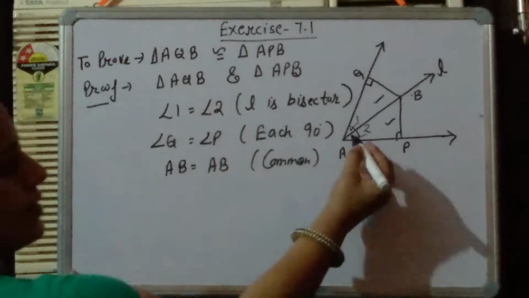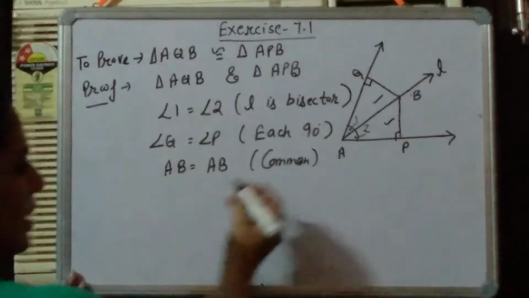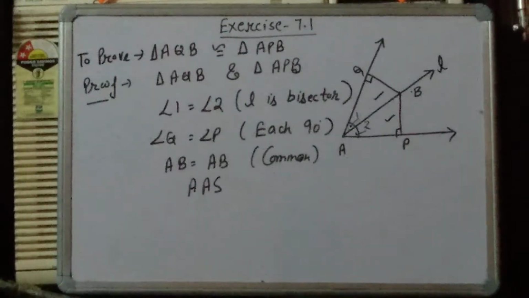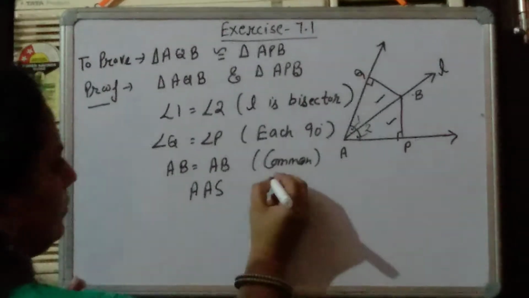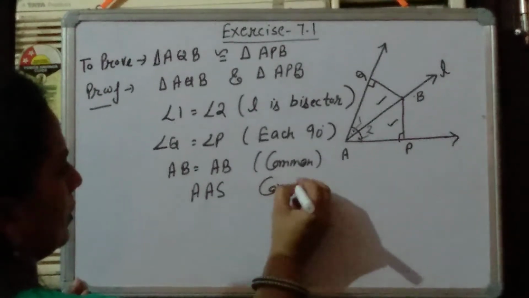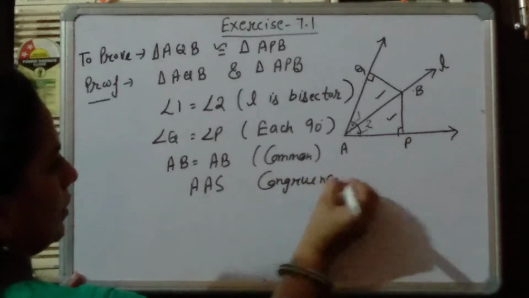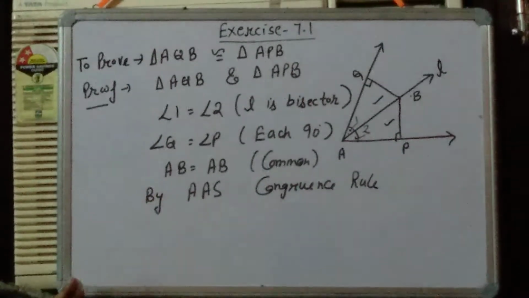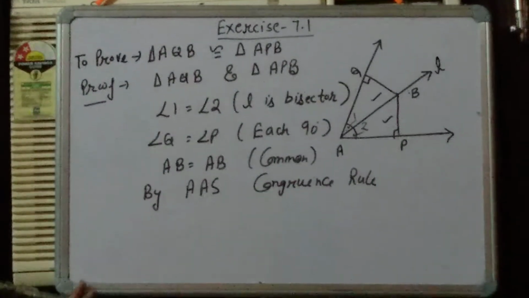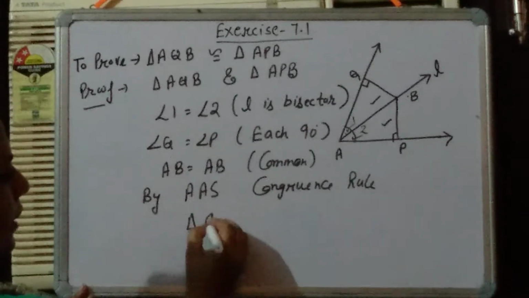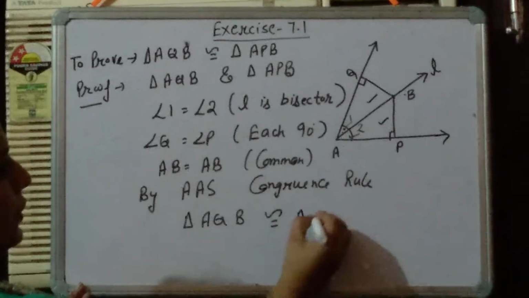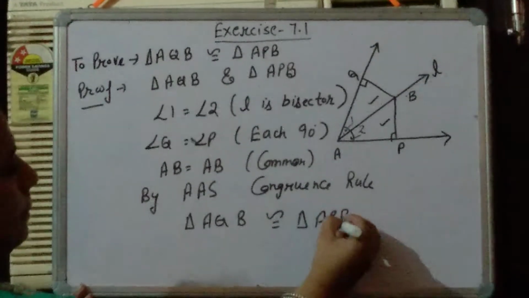Any two angles and one side. So we can say that by the rule angle angle side. By angle angle side congruence rule, triangle AQB is congruent to triangle APB.